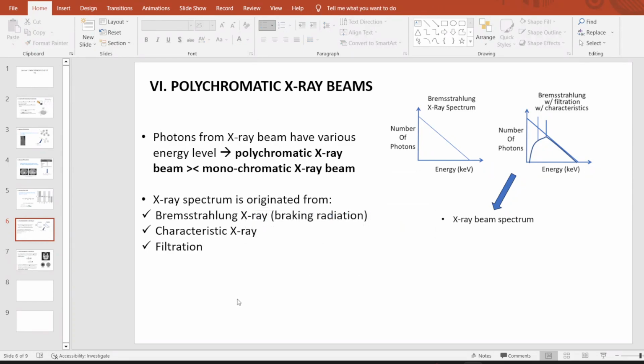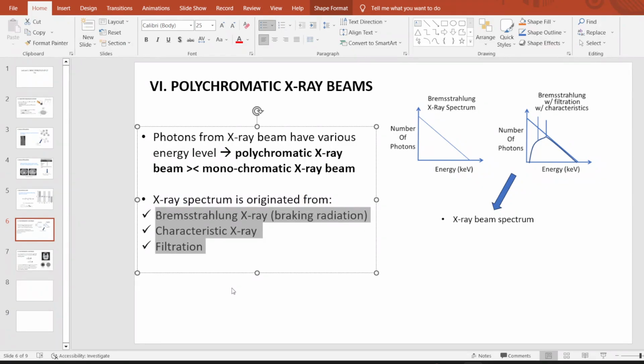The X-ray spectrum originates from three kinds of phenomena. First of all, the braking radiation, or Bremsstrahlung X-ray. The second one is the characteristic X-ray, and the last one is the filtration. The Bremsstrahlung X-ray occurs when the electron meets the anode material and decreases its velocity.